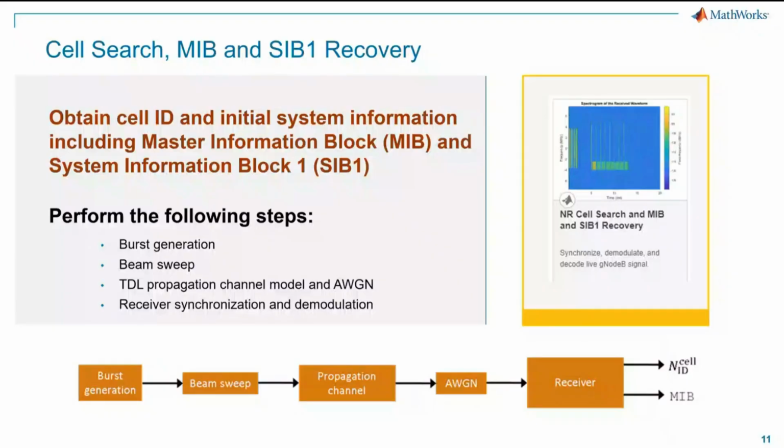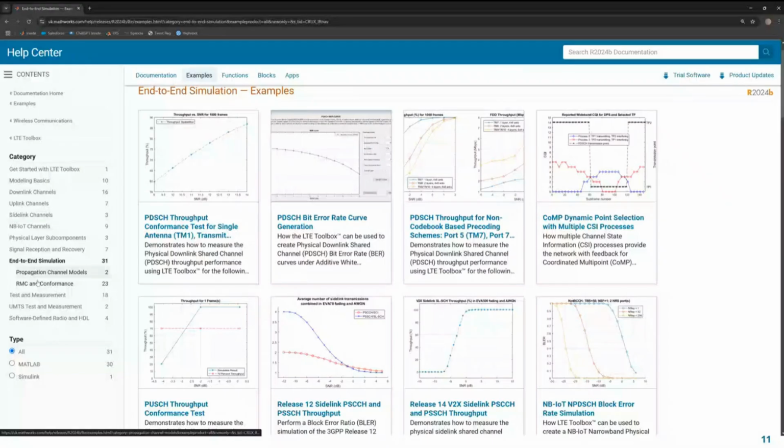On the signal recovery side of things, there are a couple of different examples. They are very much geared towards working with live data, off-the-air data, real signals. One of them is the cell search and MIB and SIB recovery, which you should be able to see under signal recovery and reception.